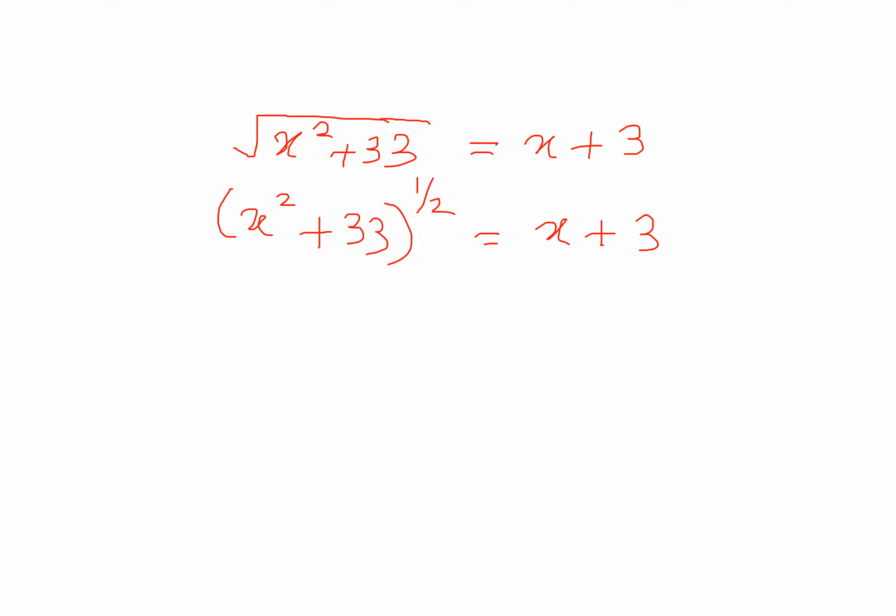Squaring means we multiply the same part by itself, x multiplied by x. One side we square, then we also need to square the other side, and both sides remain equal.